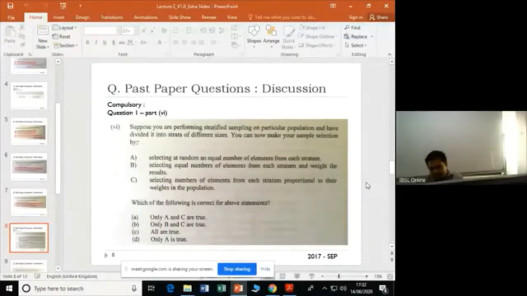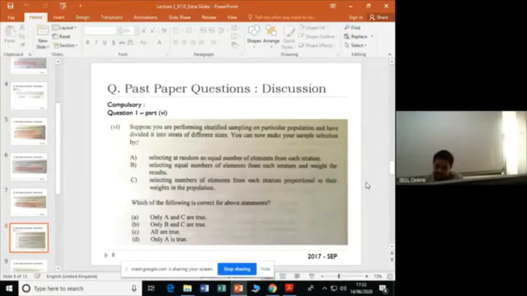We have to be picky here on statement number A. It says only A and C are true, or in the answer C, it says all are true. That means A should be true. In answer D, it says only A is true. So if we can come to a conclusion on statement A, that means we can select an answer.